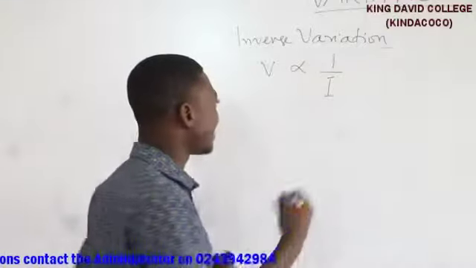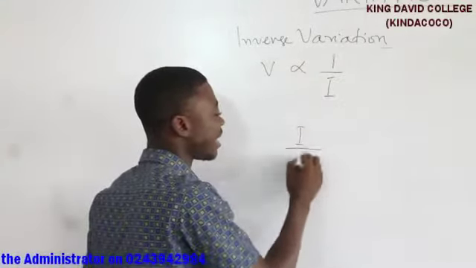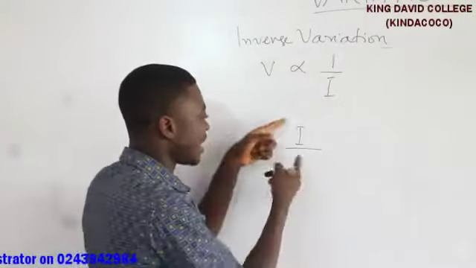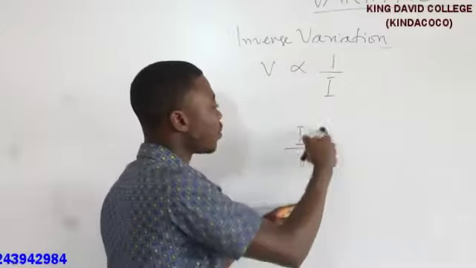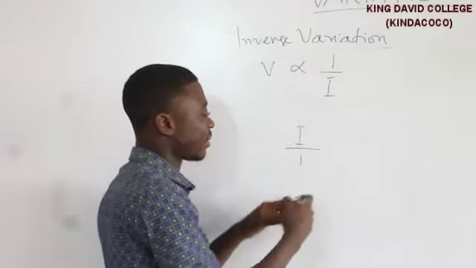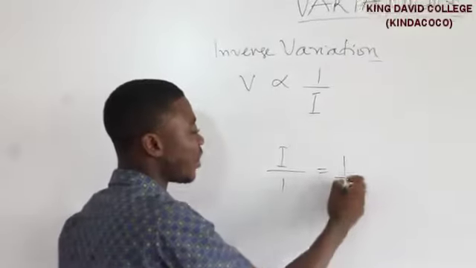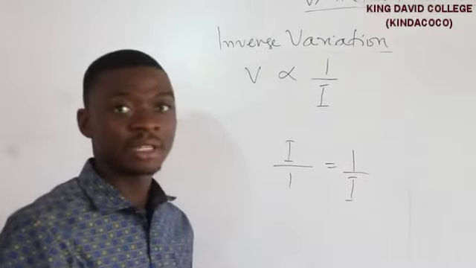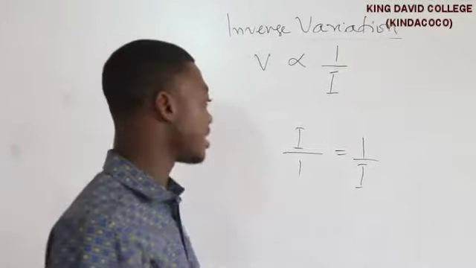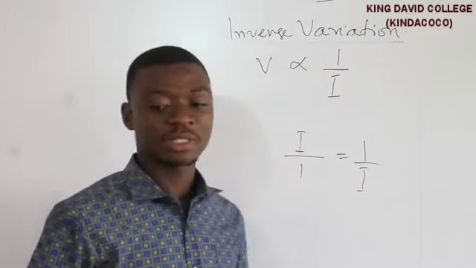And you know that every whole number that is standing is divided by 1. So if I say inverse of this, then that means 1 will go top and whatever is at the top will come down. So that's why it will be 1 over I. So anytime you hear inverse, that is what it means.